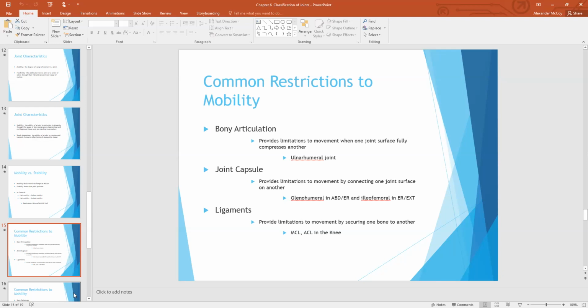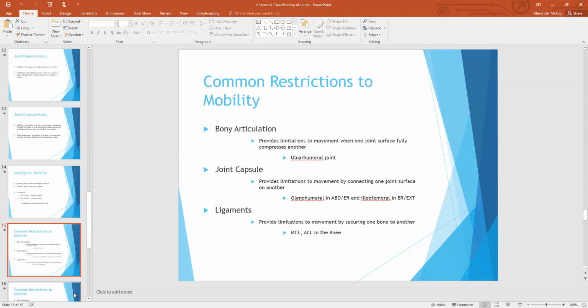That key-like structure should be just long enough to where whenever you extend out that arm about 180 degrees, it hits bone on bone, okay? Now, there could be a shorter key or a bigger key, because every human is different, every body is different, but we have that bony articulation that can help to limit that movement.